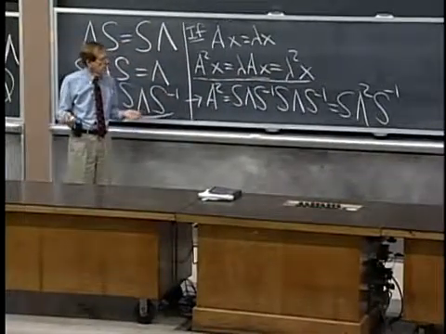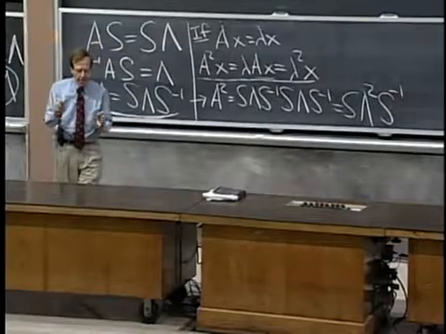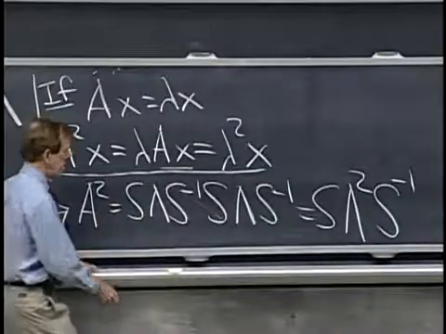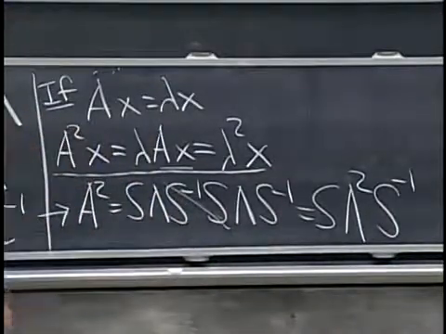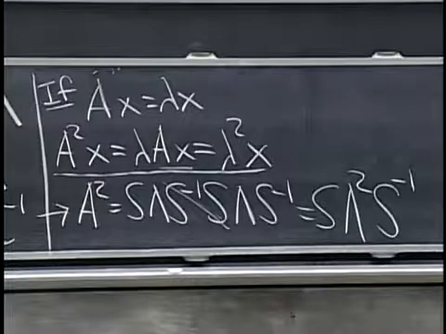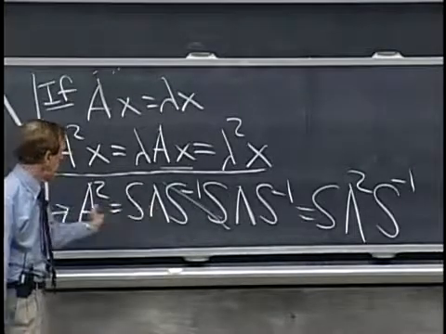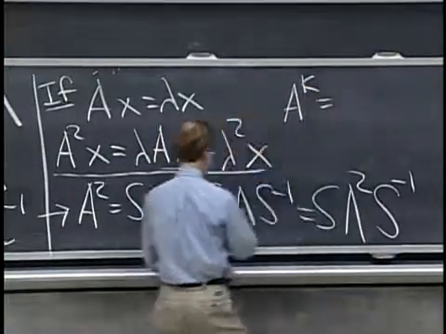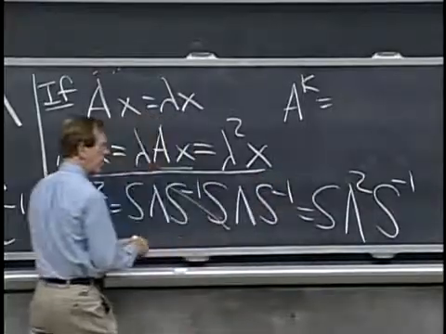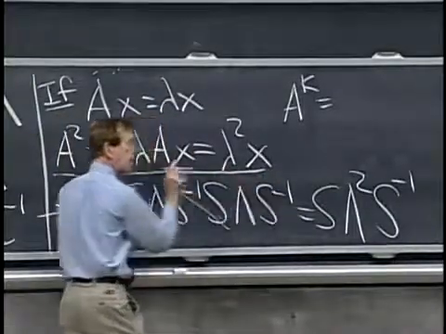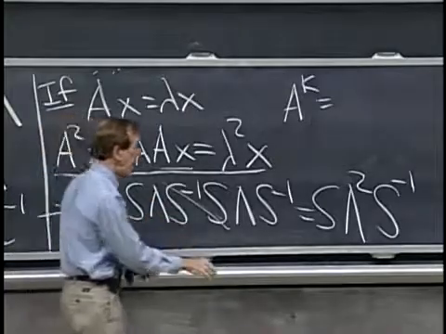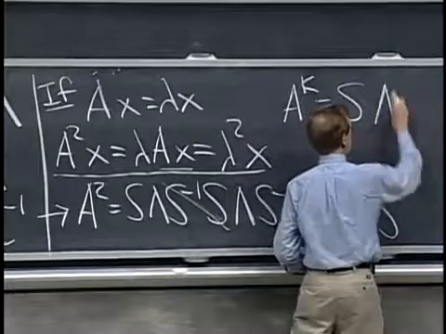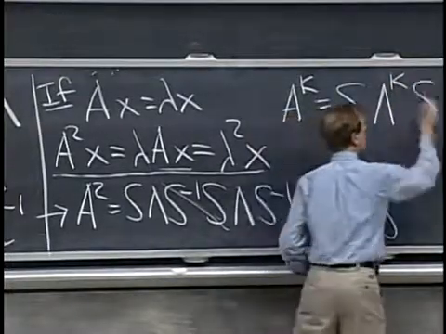Okay, so somehow those eigenvalues and eigenvectors are really giving you a way to see what's going on inside a matrix. Of course, I can continue that to the kth power, A to the kth power. If I have k of these together, do you see how S inverse S will keep canceling? In the inside, I'll have the S at the far left, and lambda will be in there k times, and S inverse.